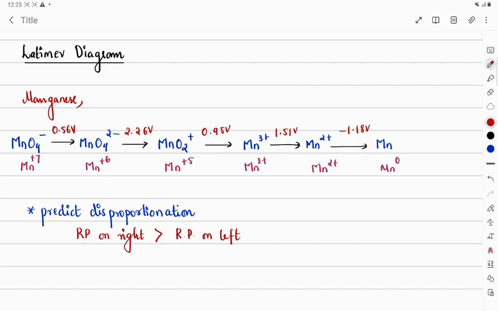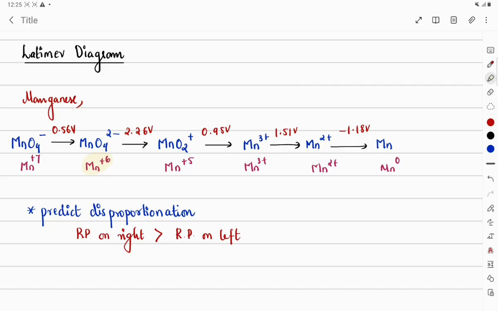So in here, let's see which of the manganese species can disproportionate. Firstly, Mn7 plus cannot go into further oxidation states, so this cannot be considered. Next, Mn plus 6, reduction potential on right is 2.26, on left is 0.56. Obviously, right is greater than left, so Mn plus 6 can undergo disproportionation.